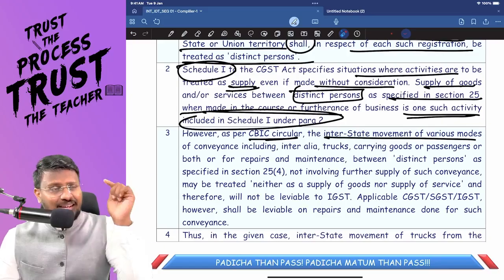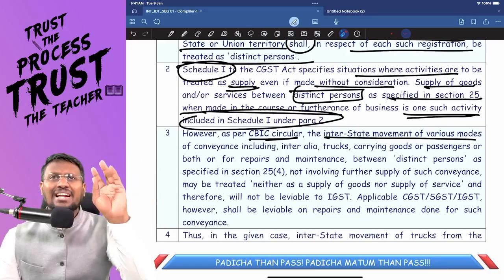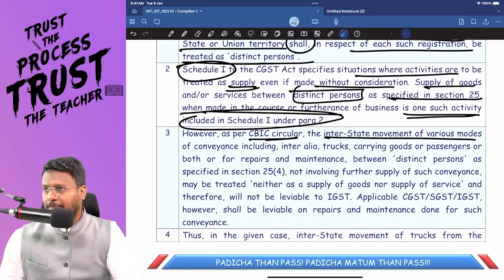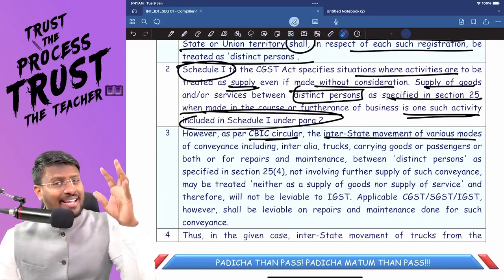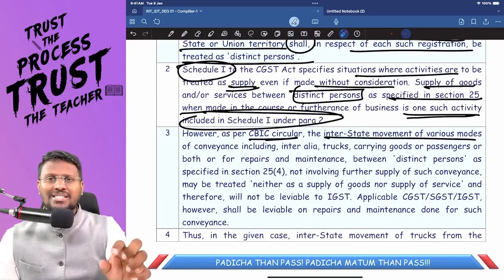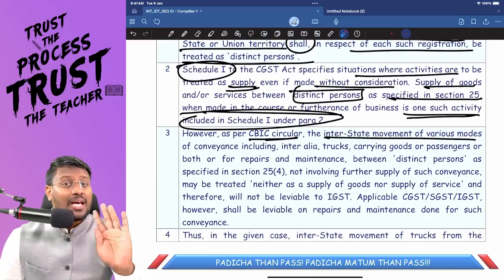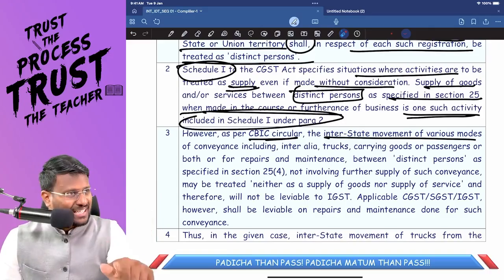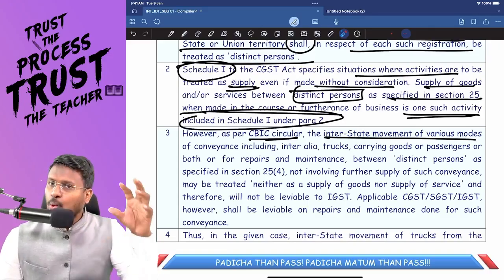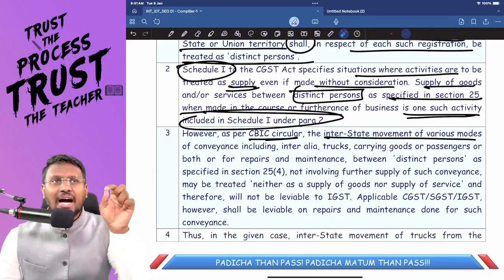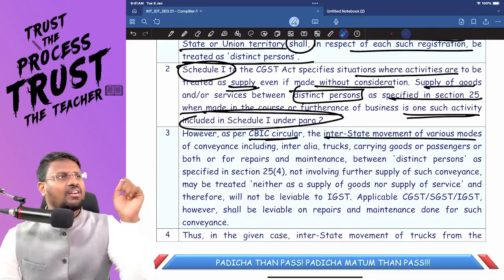And inside that truck, sir, goods is there, service is there, or both is there. And after providing the services, the truck will come back. That means we are not supplying the truck. We are supplying the goods inside the truck. We are supplying the services inside the truck.